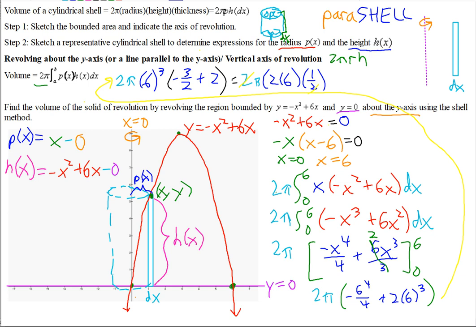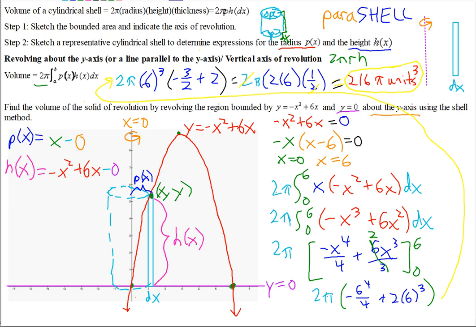So all that's left is 216 pi. It's 216 pi, and again, it's volume, so it'd be units cubed. So that's the volume of that, taking this region and revolving around the y-axis, that three-dimensional shape.